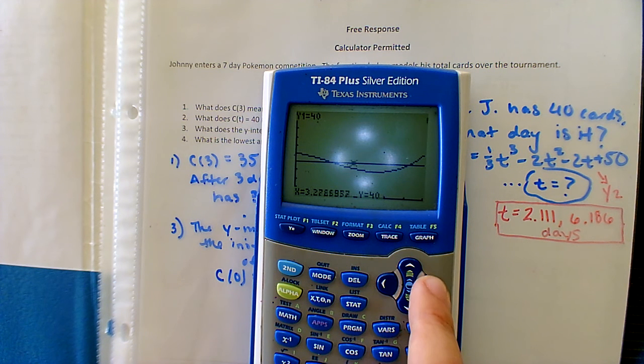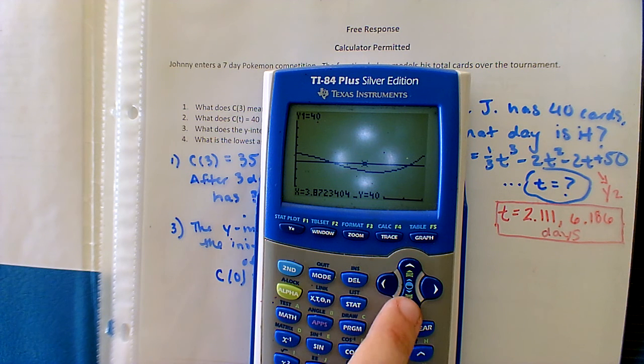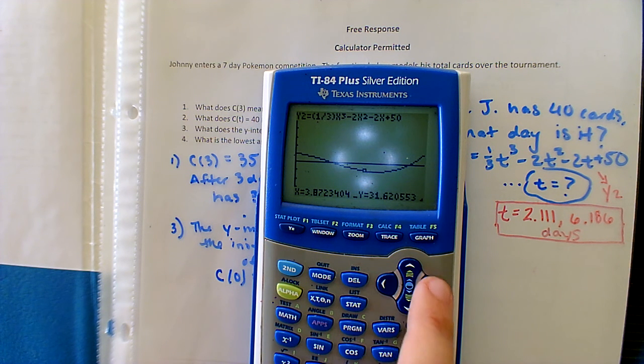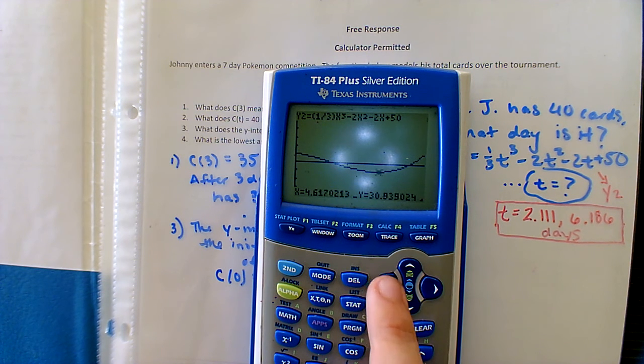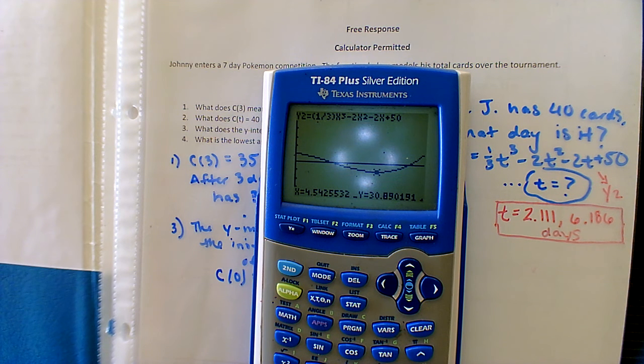So if you want to make that little spider dude jump from graph to graph, you have to use the up or down arrow. So I don't care which one you hit, it'll move it to the other graph. All right, so if we try to guess where it is, maybe somewhere right there. But again, we're going to let the calculator do the work and it's going to find it for us exactly.